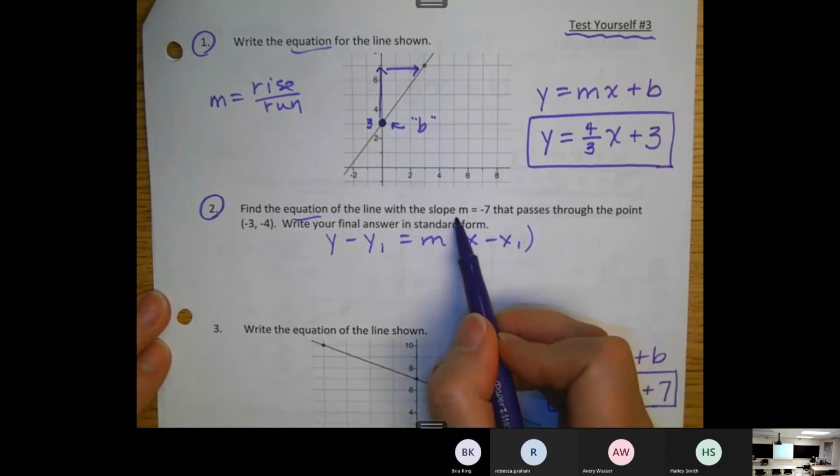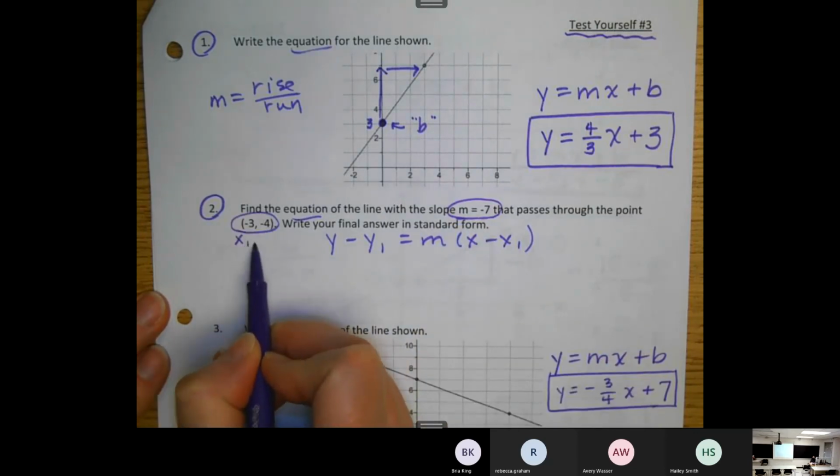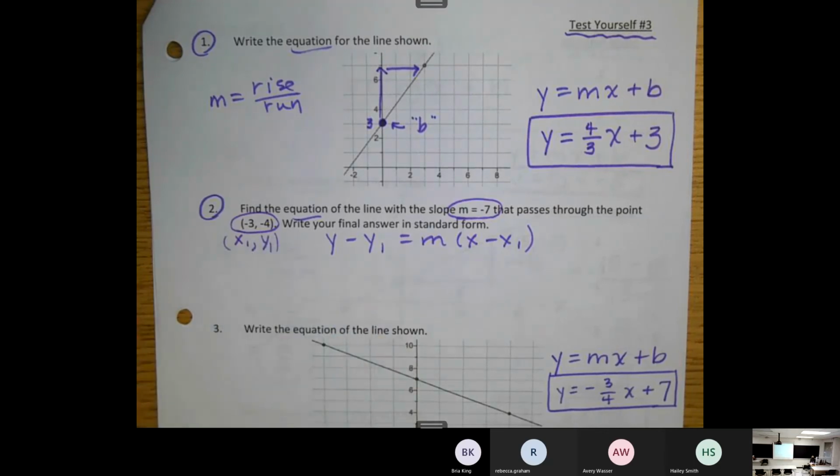And number 2, remember we're going to be plugging -7 in place of the m, and -3, -4 in place of the x1 and the y1. That's quite a few negatives, a lot to keep track of. Good time to slow down and be a little extra careful.